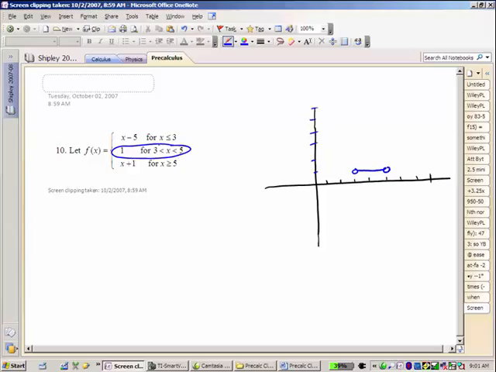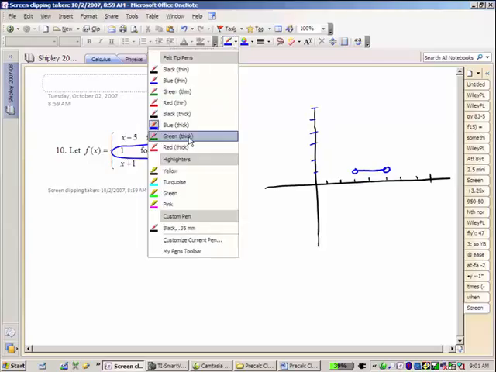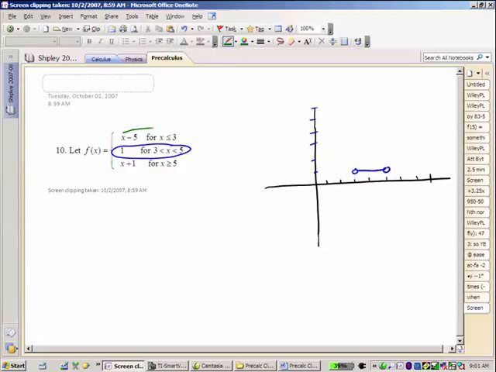All right. What's my rule going to be for when x is less than or equal to 3? Let's get green to do that. What do we have for the rule? Janelle, what's the rule going to be when x is less than or equal to 3? X minus 5. Perfect. So I need to draw the line x minus 5. X minus 5 has a slope of 1 and a y-intercept of -5. 1, 2, 3, 4, 5.